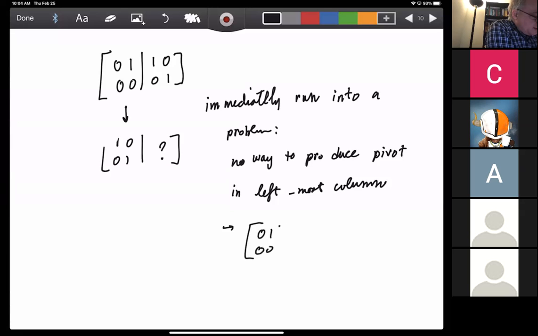So that is telling us that this matrix is not invertible. It does not have an inverse. Okay. Now, is this argument clear to everyone? Making sense?